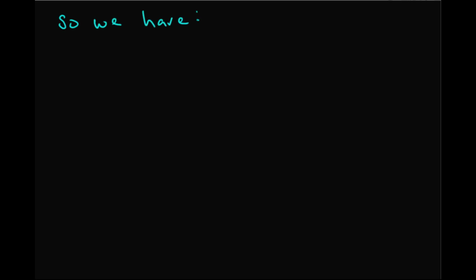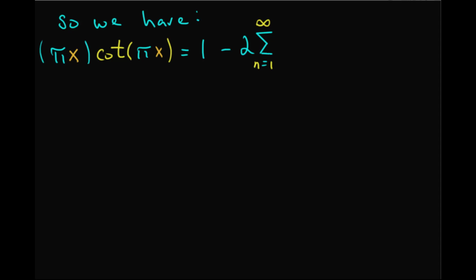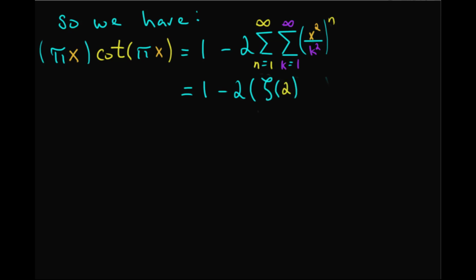So again, we found that pi x times cotangent of pi x equals 1 minus 2 times, here's this double sum, the sum from n equals 1 to infinity of the sum from k equals 1 to infinity of (x squared over k squared) to the n. We found that this expression equals 1 minus 2 times, open parenthesis, zeta of 2 times x squared plus zeta of 4 times x to the fourth plus zeta of 6 times x to the sixth plus dot dot dot.